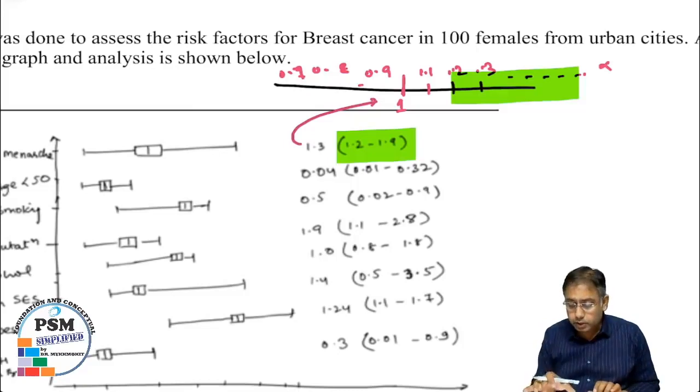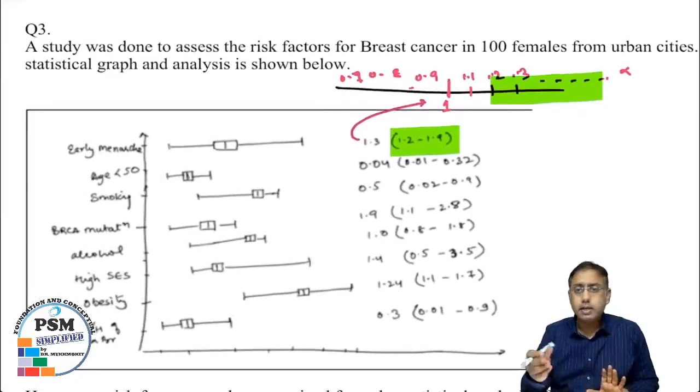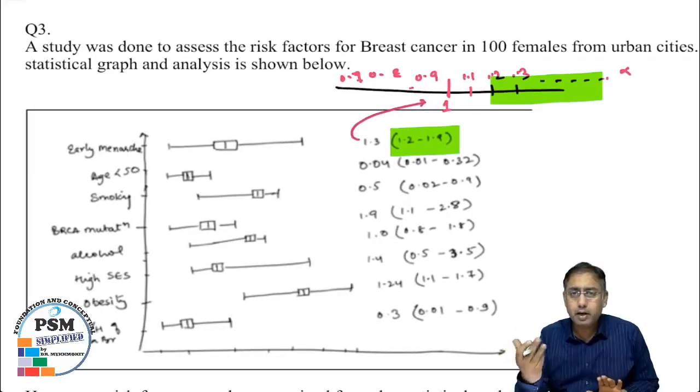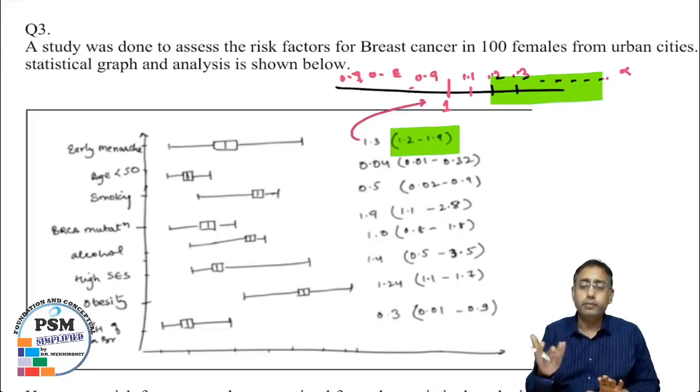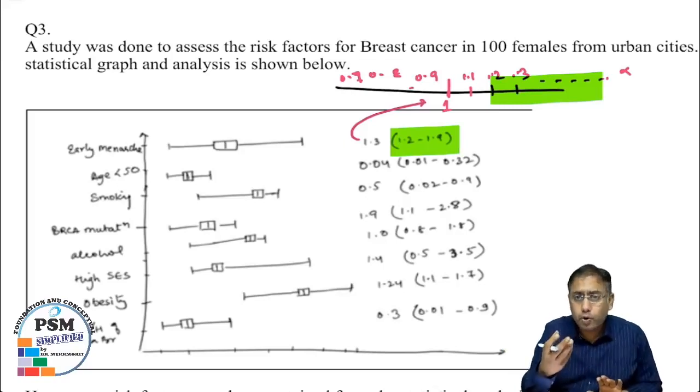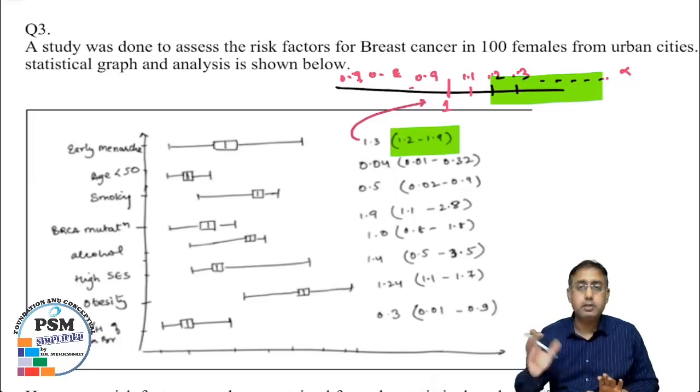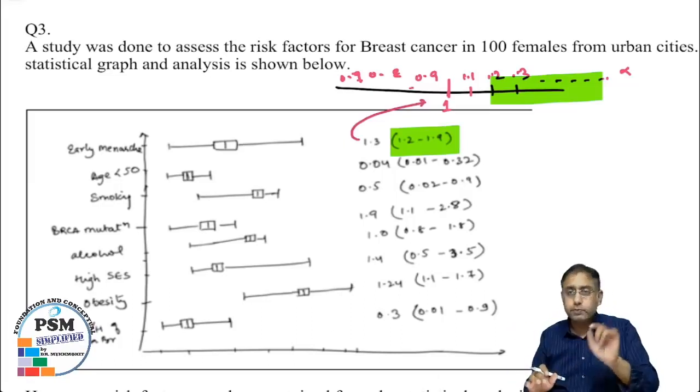This risk factor, whatever it was, I have put it as early menarche. This risk factor is a promotive risk factor. It may cause breast cancer or whatever disease we were discussing. Are you getting this? The odds ratio is 1.3.